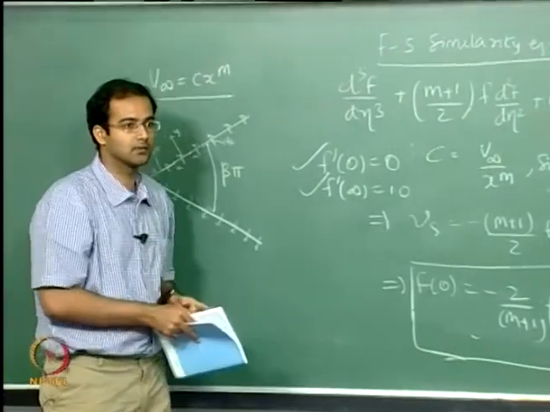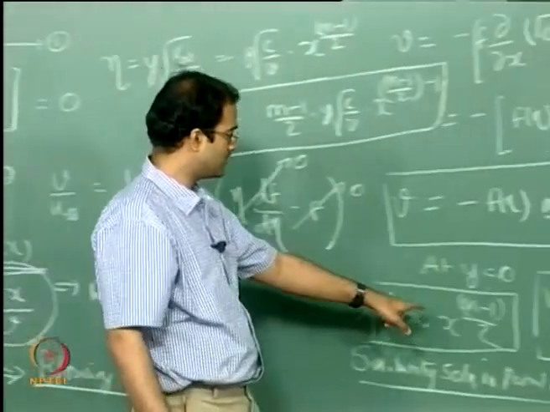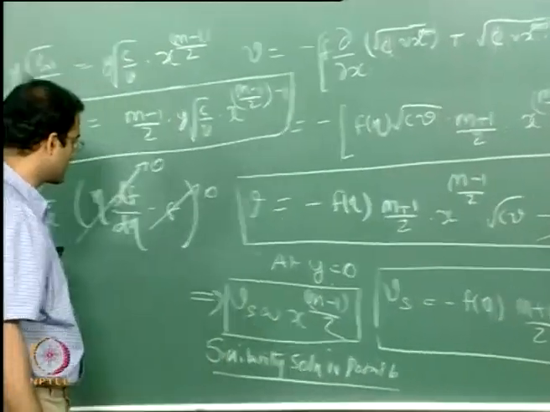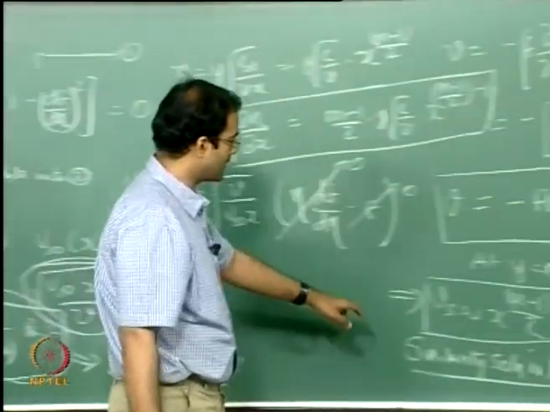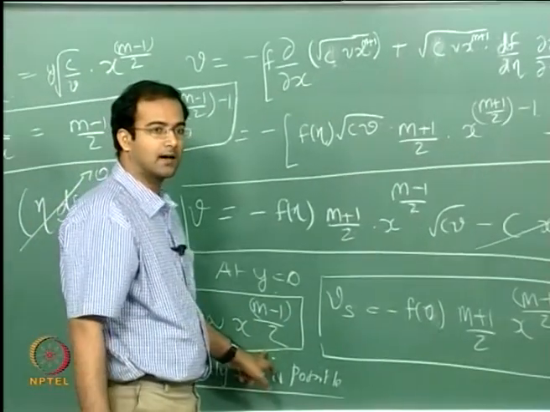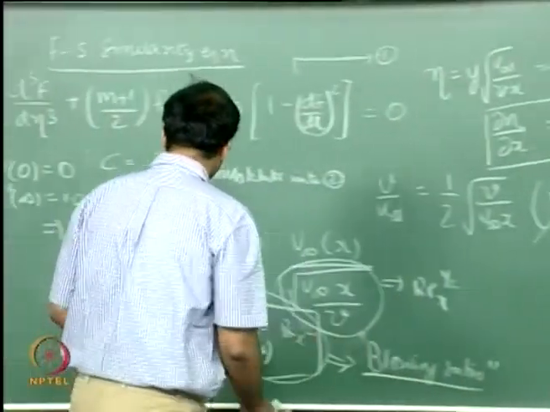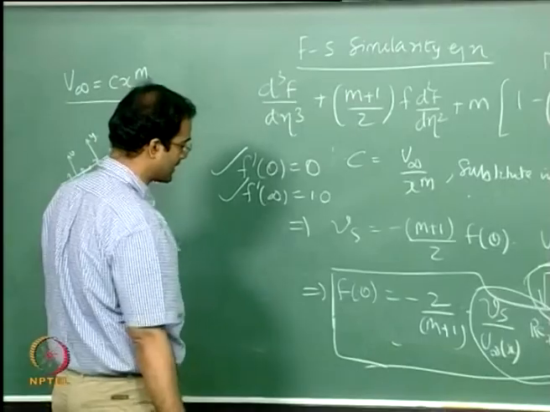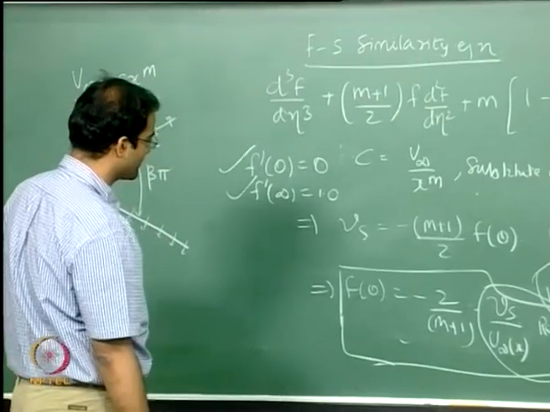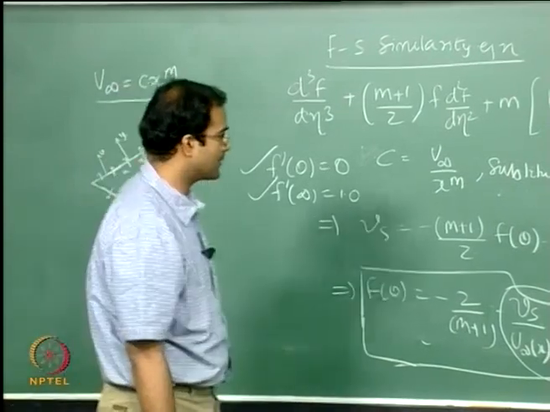Earlier this was 0. Okay, so for the case where m equal to 0, Vs can vary only as x power minus half. So in that limiting case, you can get f of 0 as 0. Okay, you can probably just check.